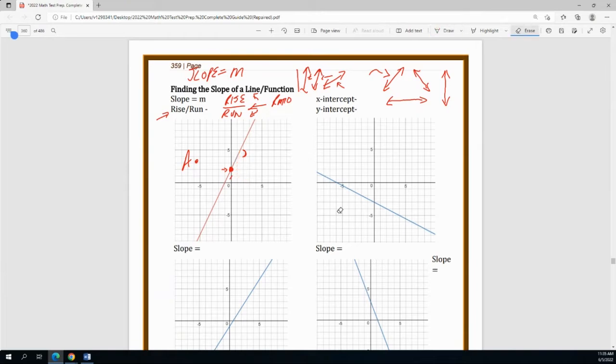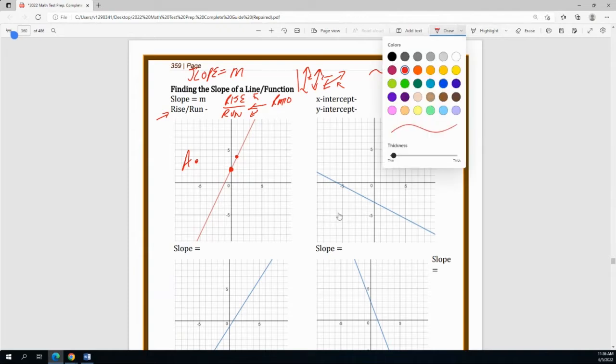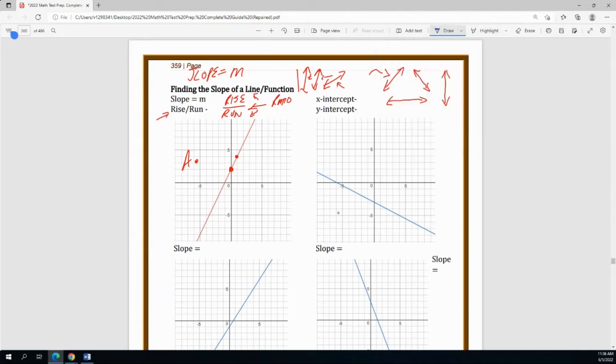Okay? So I'm first going to start with this dot, and find another part of the line where it crosses straight through. How about that one? Okay, so do I have 2 dots? Yes. So now I'm going to figure out how much up, or rise, it takes for me to get aligned with the next point.